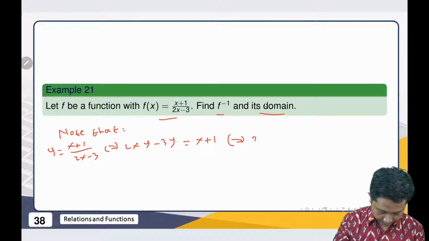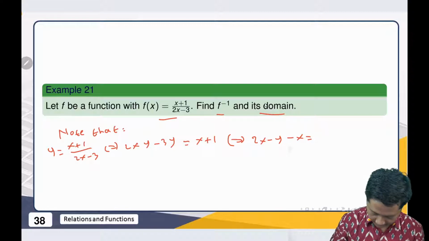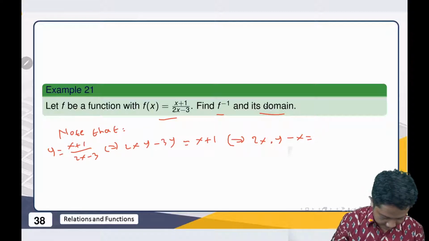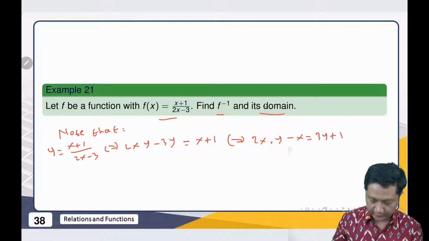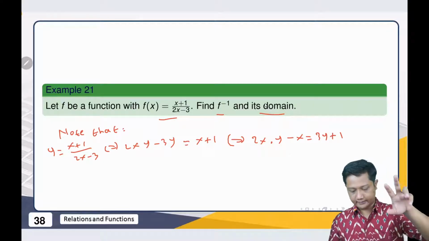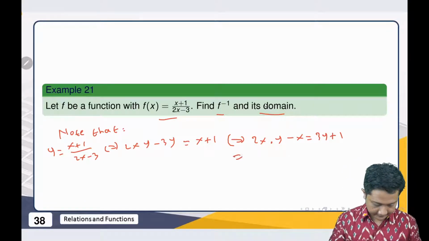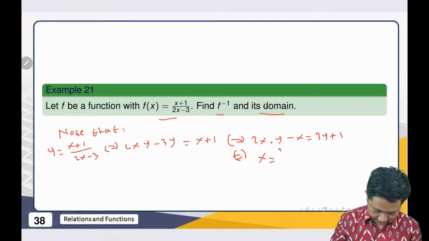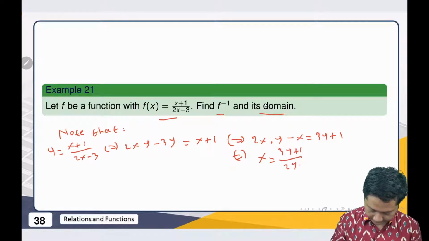Then we get 2xy - x equal to 3y + 1. Why? Because we want to collect every x here. And here we have x equal to (3y+1)/(2y-1).